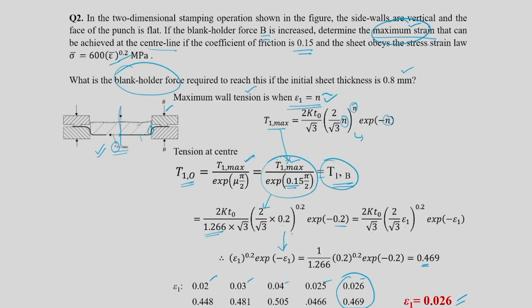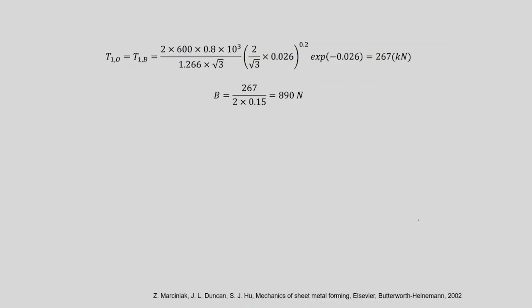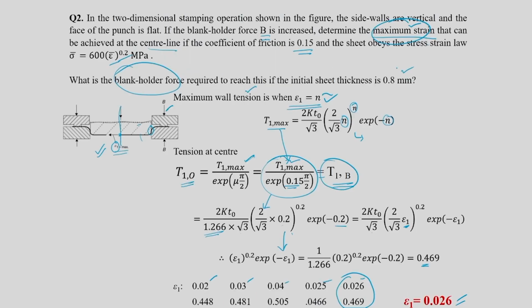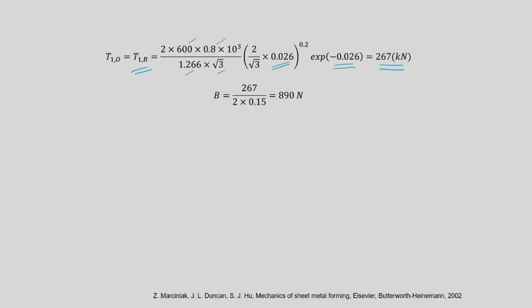So now I am going to put epsilon 1 here: 2 into the k value, the thickness, divided by 1.26 into root 3, and I put 0.026 here, and I am going to get my T1 naught, which is equal to T1b, which is nothing but 267 kilonewton. If this is known to me, then I can get the blank holding force.